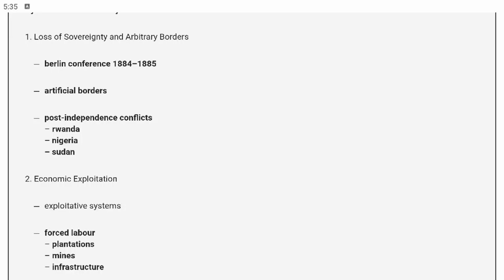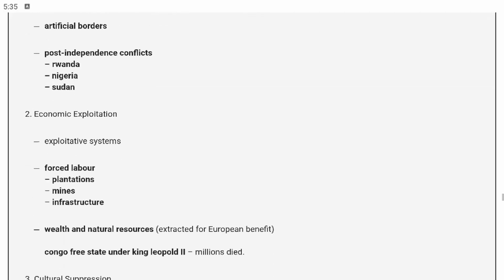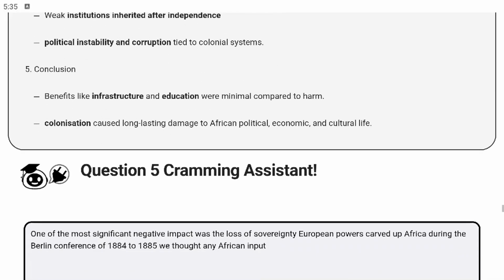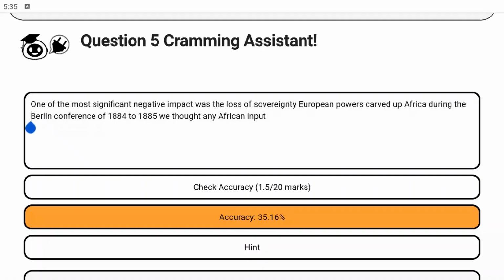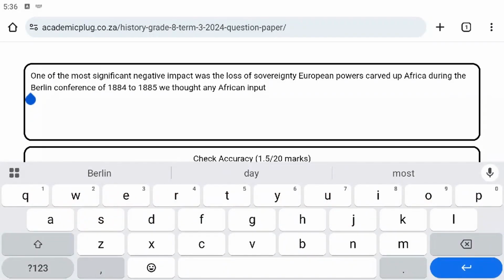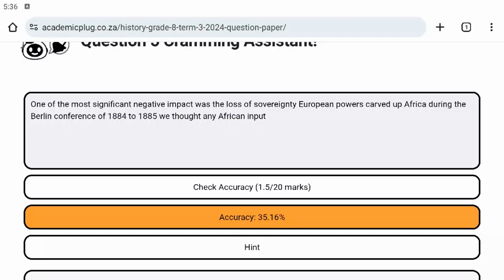And the same applies when you're using the cramming assistant, right? So this should allow you to get a distinction. Trust me, this is no joke. I mean, myself, in varsity, I used a strategy, which is not necessarily about keywords, but it works anyways, right?